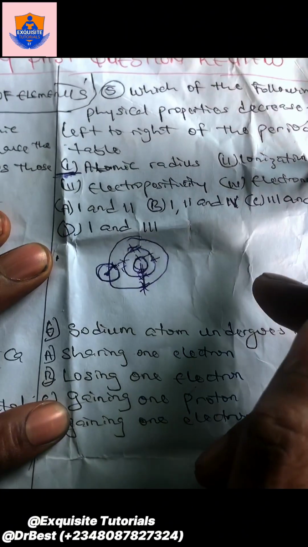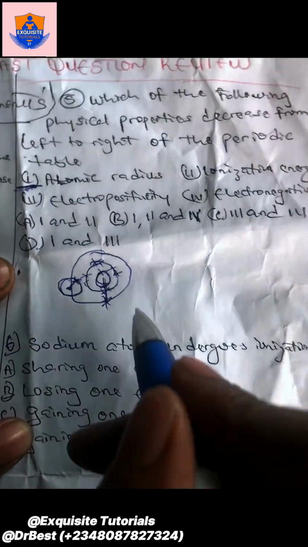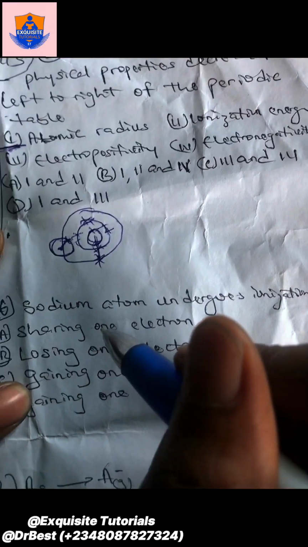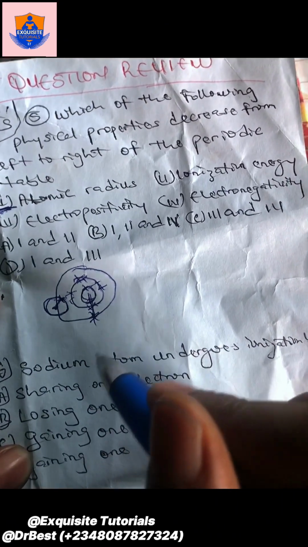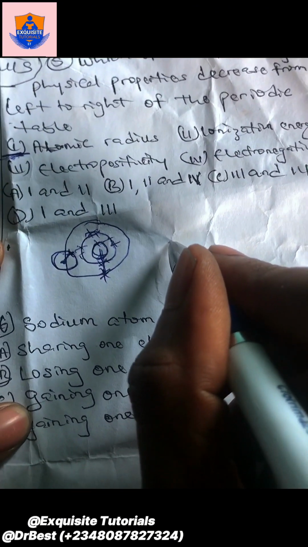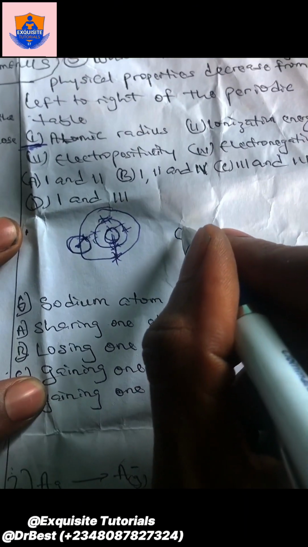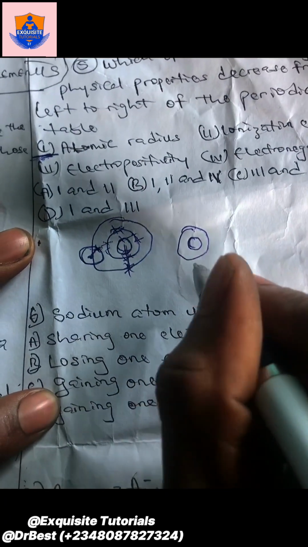Now, ionization energy. What is ionization energy? Ionization energy simply means the energy that is required to remove an electron from an isolated atom. Let me still use this to explain ionization energy.